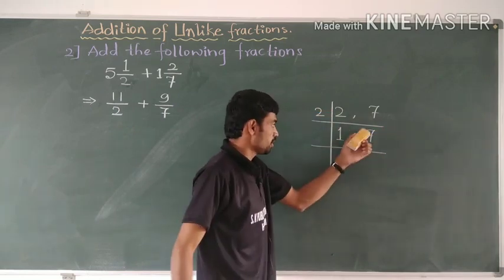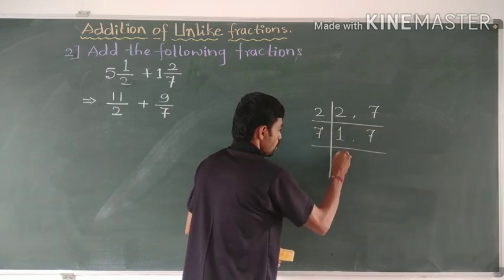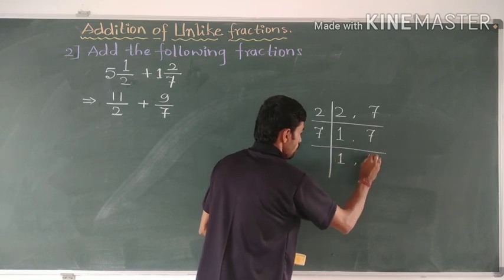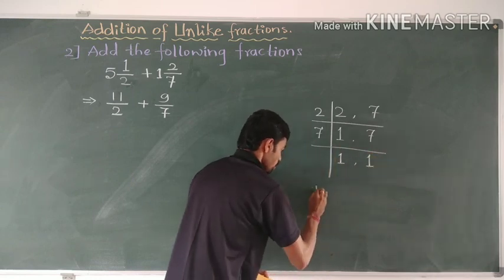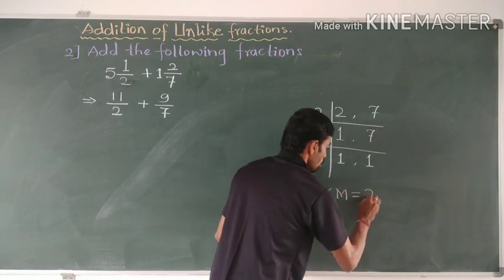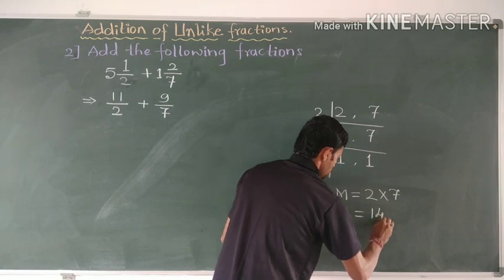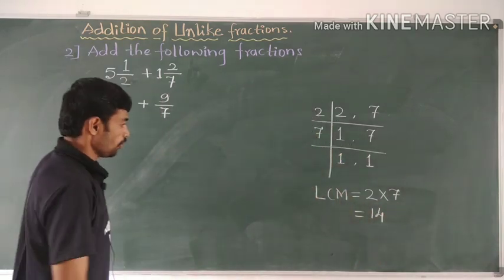So the LCM of 2 and 7 is 2 into 7. 2 sevens are 14. The LCM is 14.